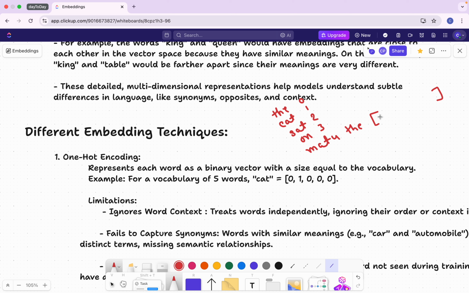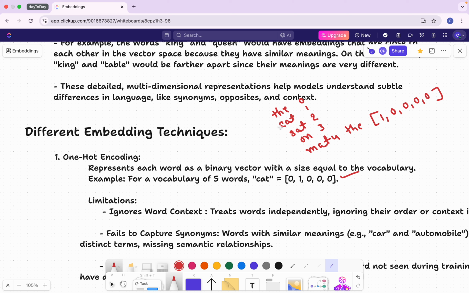Then at the first index, or 0th index, I will put 1 and the rest of them will be 0. Same for cat, as cat has the id 1, so at index 1 we will place a 1 there. So this will be the representation of cat.